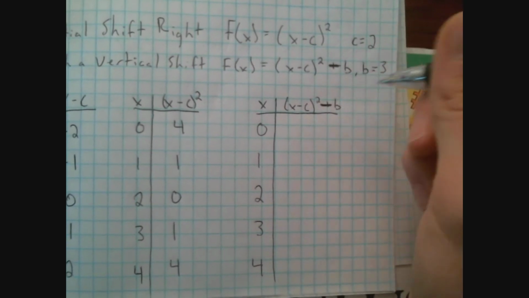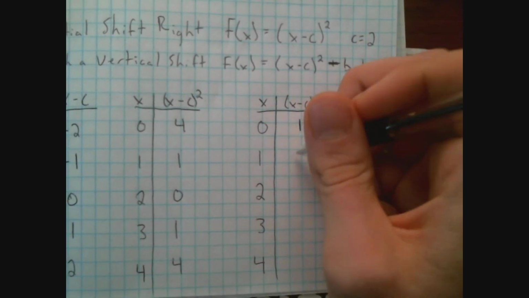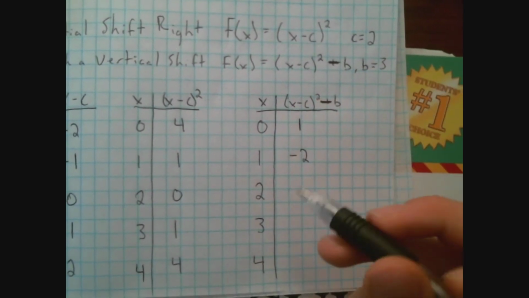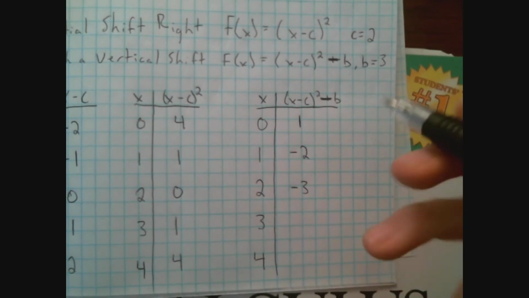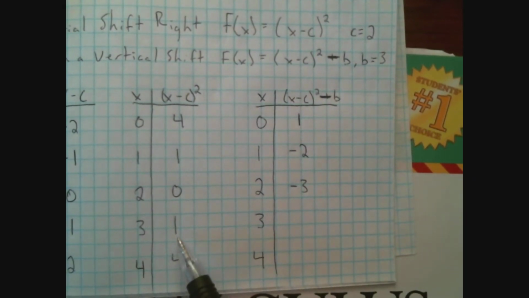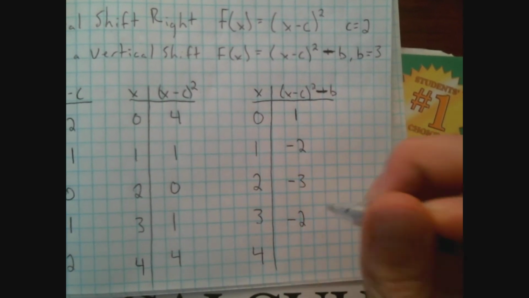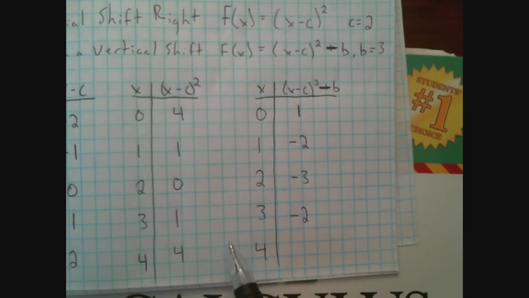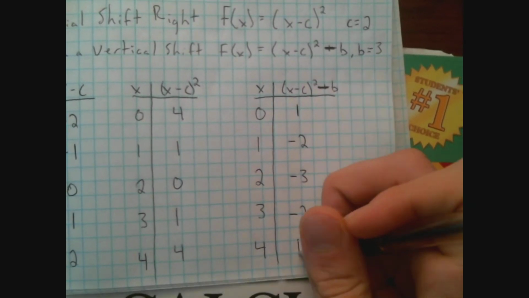So 4 minus 3 is 1. 1 minus 3 is negative 2. 0 minus 3 is negative 3. 1 minus 3 is negative 2. And 4 minus 3 is 1.